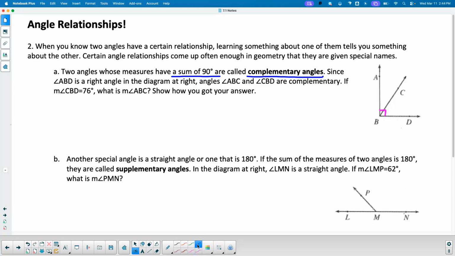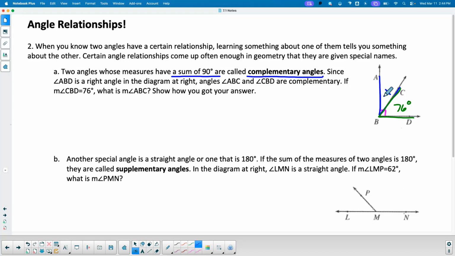So here is my angle ABC, that angle, plus angle CBD are complementary because they add up to be 90 degrees. So if angle CBD is 76 degrees, we need to find the measure of angle ABC.